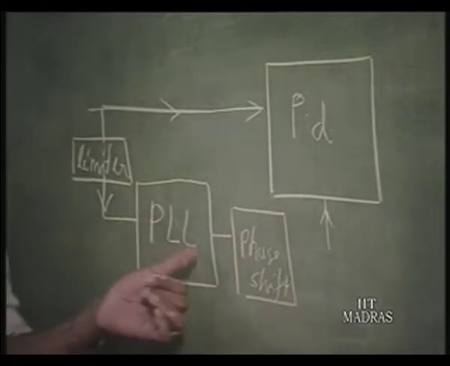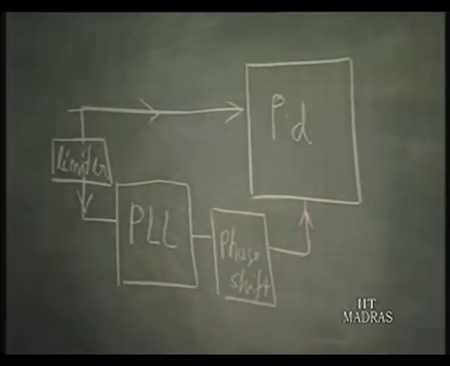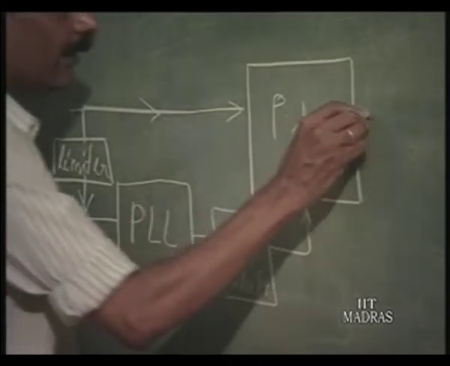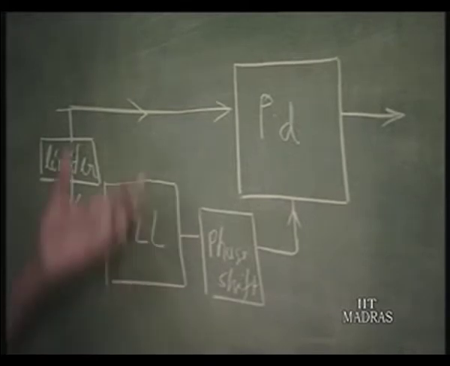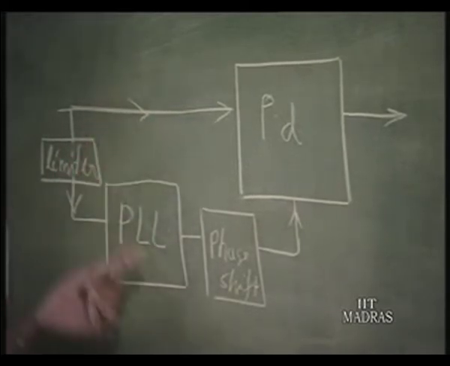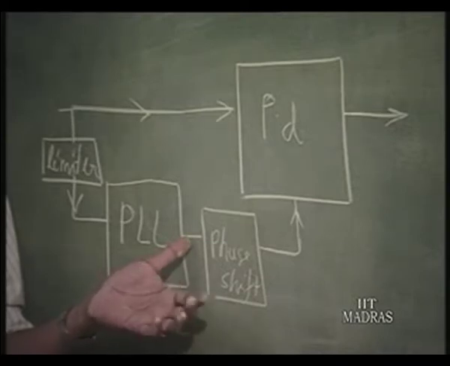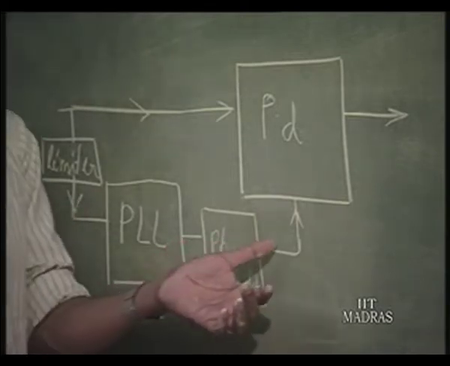So, we have to shift it by 90° in order to bring it back to the original carrier without any phase shift, and then you can obtain AM detection. So, if this is cos omega CT, this will be sin omega CT here, because of the basic feature of the phase lock loop, which has a 90° phase shift compared to this when it is locked to the frequency.